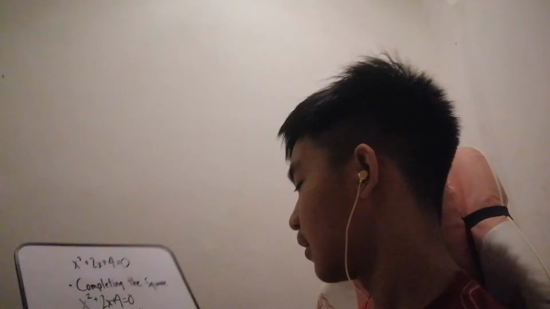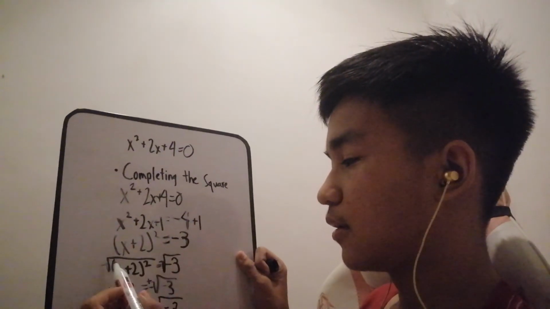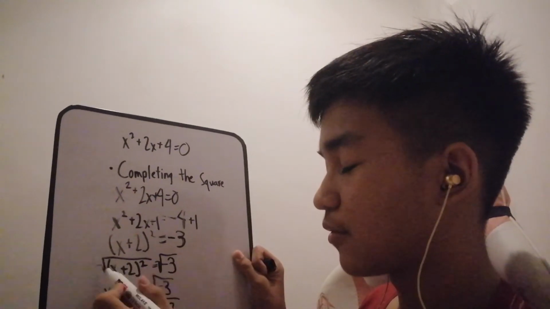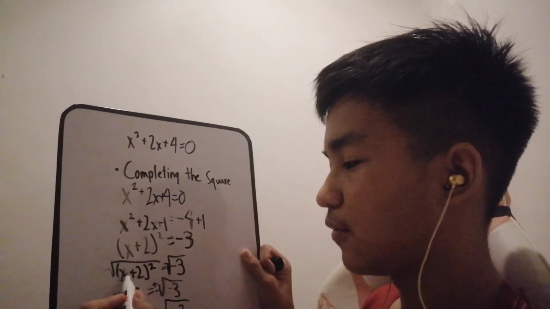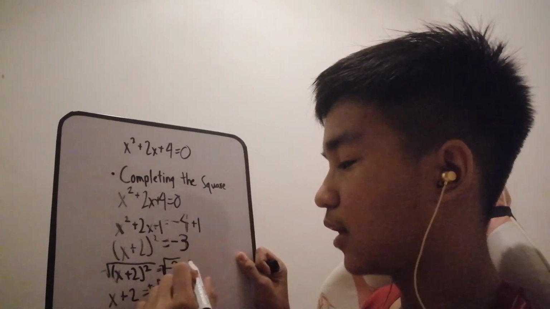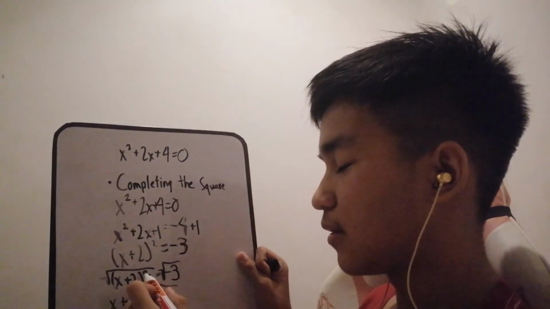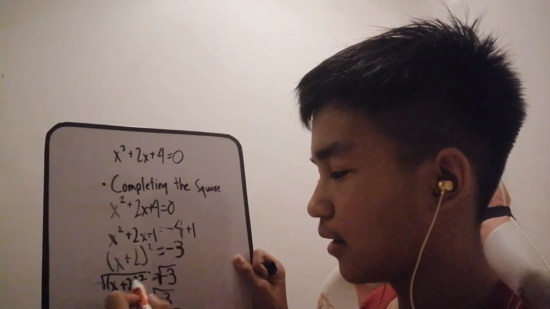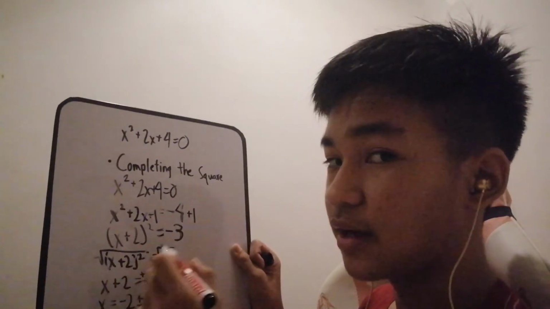And now, after getting this term, we will square root both of the terms. So it will be the square root of (x plus 2) squared equals the square root of negative 3. Since this is squared and this is a square root, we will just cancel this and also the parenthesis since it completes the term.